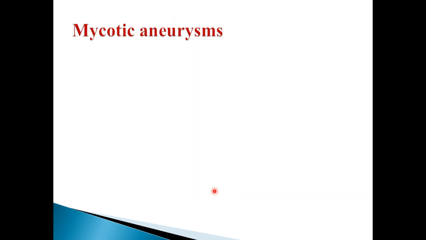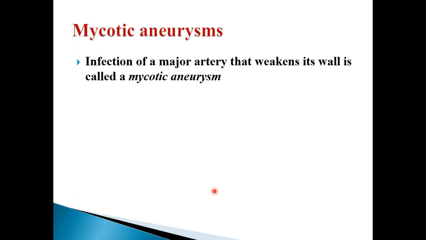Now, moving into some special terms about aneurysms. Mycotic aneurysms means the presence of infection of an artery that weakens its wall, leading to abnormal dilation and an aneurysm formation.